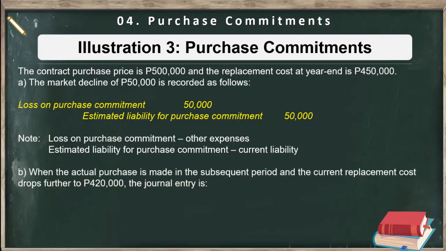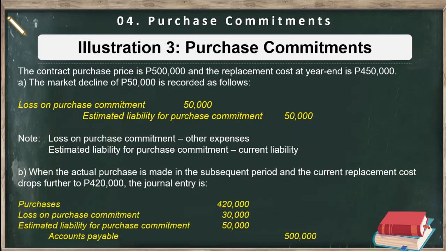When the actual purchase is made in the subsequent period and the current replacement cost drops further to 420,000, yung samot pa siya ka gamay, so we need to make adjustments for the difference. So from 450 it becomes 420. So what would be the entry? Debit purchases, because this is the replacement cost, 420,000.